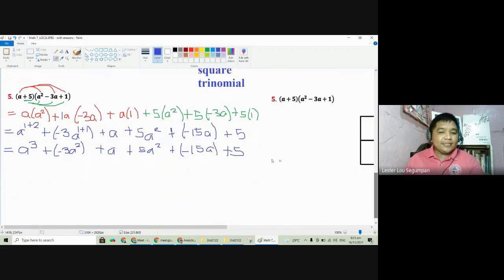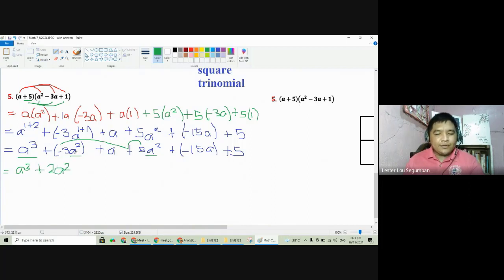And finally, for the last, let's try to see if there are terms that could be added. a cubed has no other pair here of a cubed, so it stands as it is, a cubed. By the way, that's a, not 9. Then for a squared, we have also another a squared here. So combine these two. We have negative 3 plus 5, which is positive 2a squared.